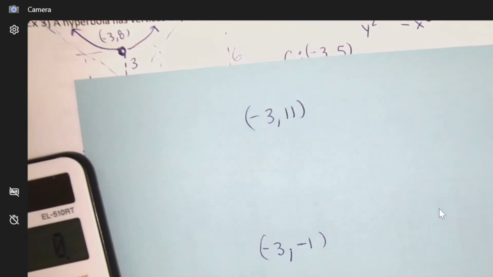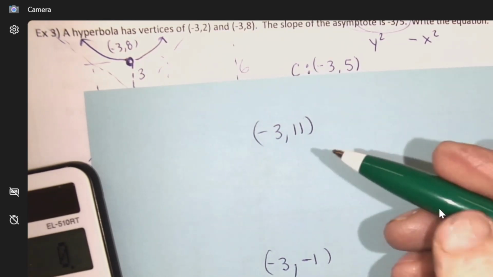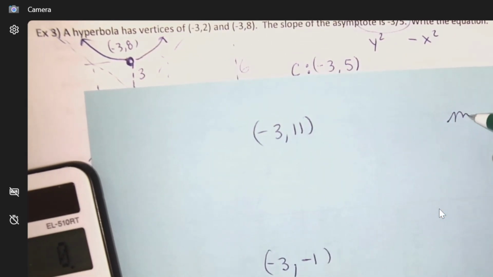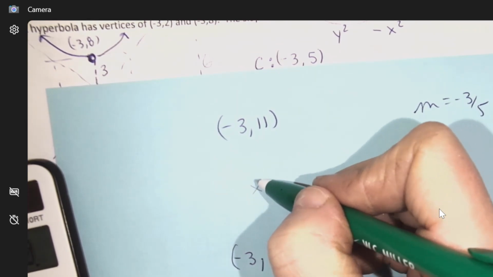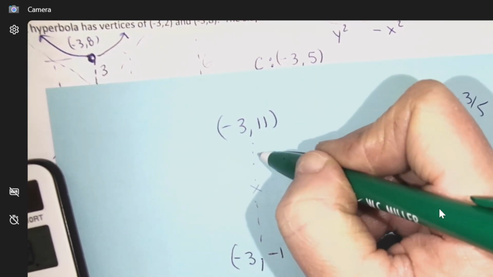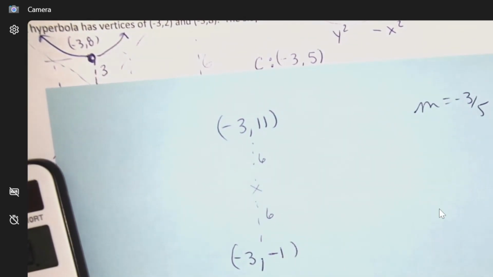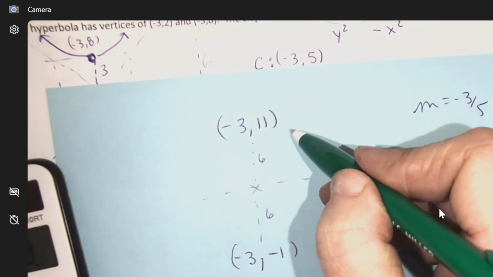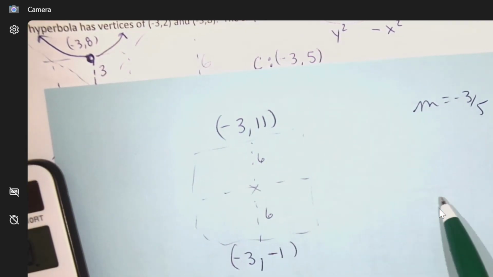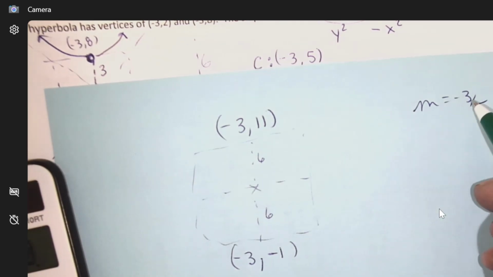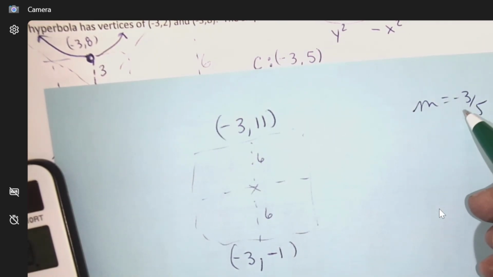If I gave you those as my points, and I still told you the slope was -3/5, because then you would have said these are 6. So how much would you have to go over to equate to that?